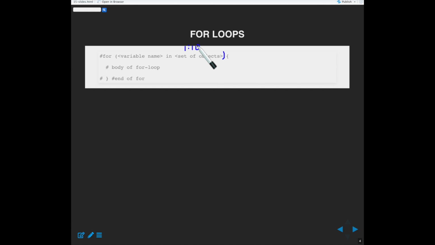It could be basically any object that we would like. And that's what this variable i, whatever our variable name will be, will take on, that set of objects in that order. And each time it'll execute this body from the beginning to the end and redo that.